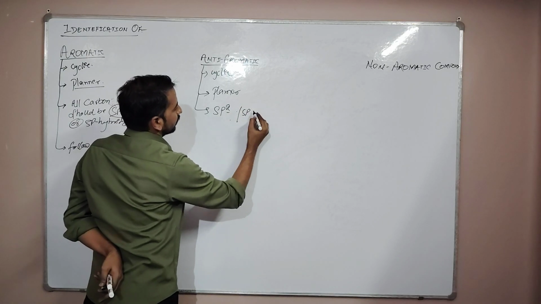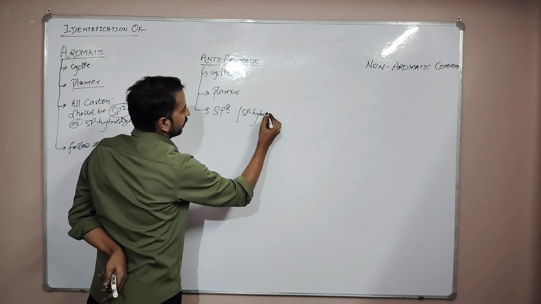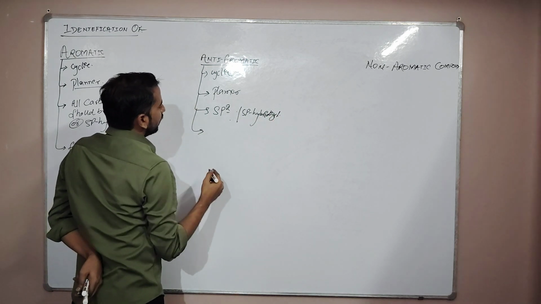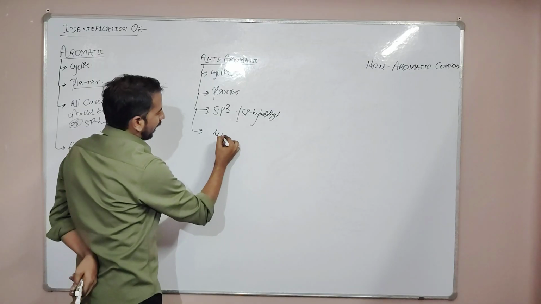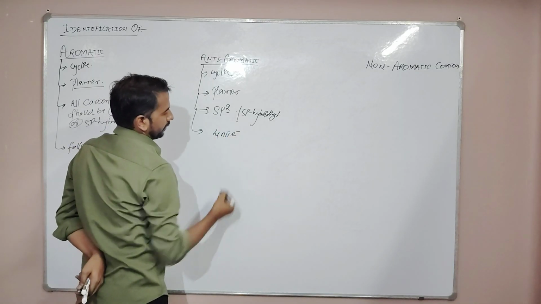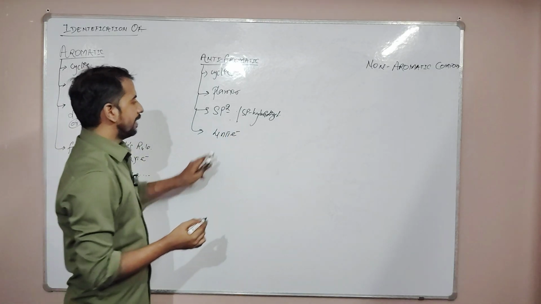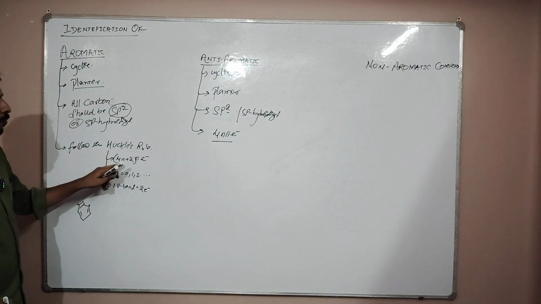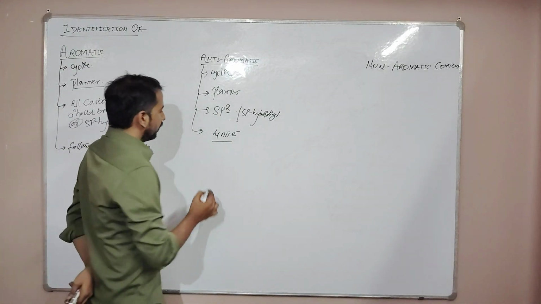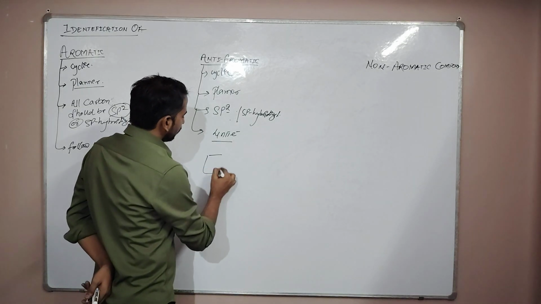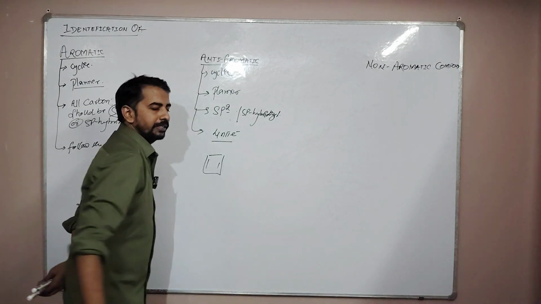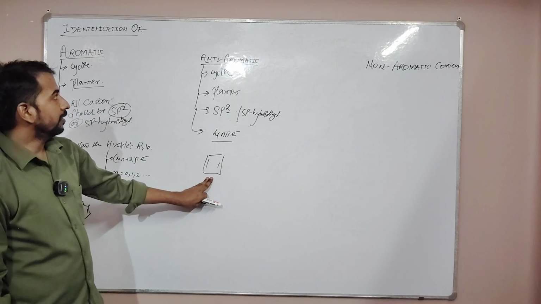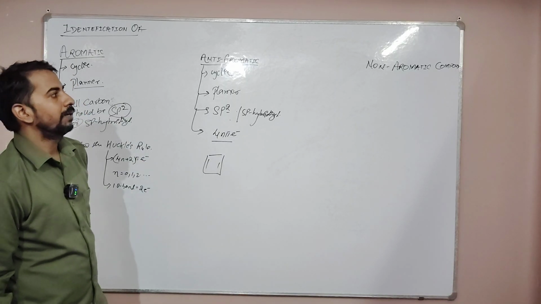Third, it should follow a 4n pi electron system. In aromatic, it follows a 4n plus 2 pi electron system. This is the anti-aromatic compound example.